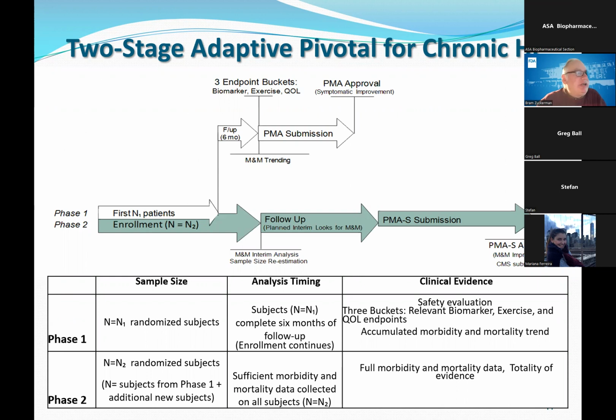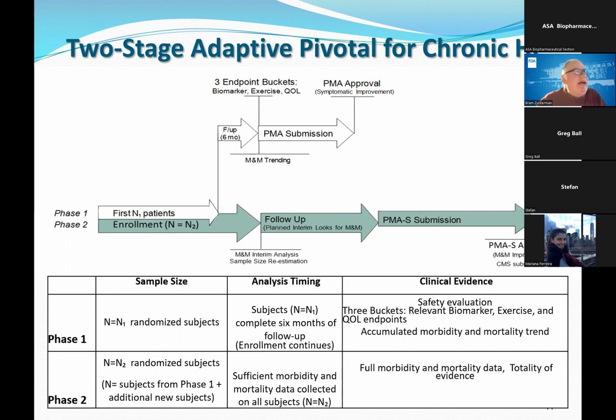In this submission, we expect that all 3 intermediate endpoints will meet their pre-specified hypotheses, and that using predictive modeling, the trend for heart failure hospitalizations and mortality at a later time point will be what we're expecting.